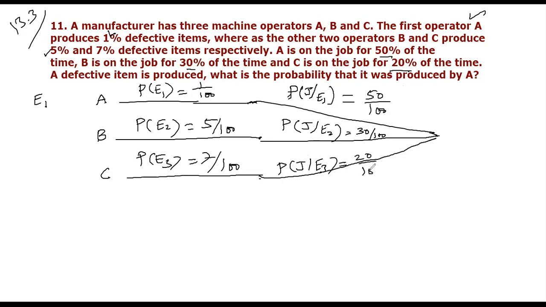20 by 100. So what is the probability that a defective item is produced by A?